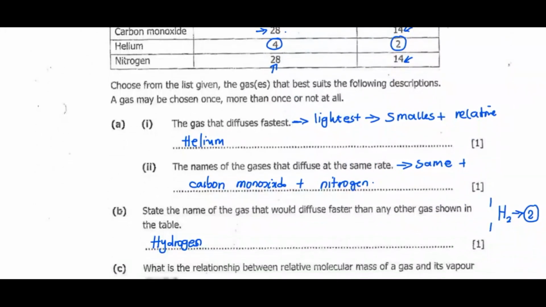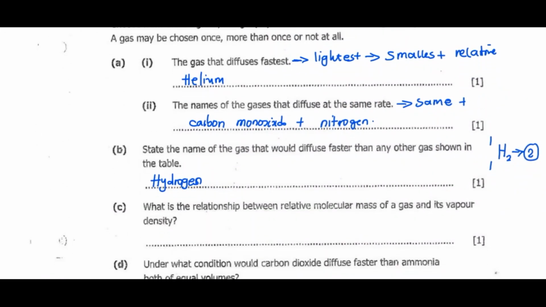So the relationship is that relative molecular mass is directly proportional to vapor density.